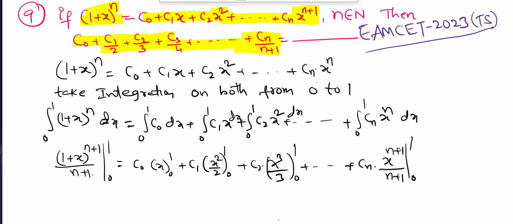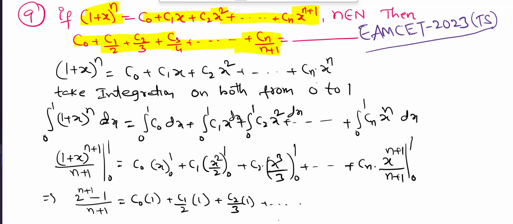So substituting upper and lower bounds, that is put x is equal to 1 in this equation, 2 to the power of n plus 1, substituting 0, 0 to the power n plus 1 is 0, so 1 by n plus 1 into that is equal to c0 into 1 minus 0 is 1, plus c1 by 2 into x square, that is 1 minus 0 is 1, plus c2 by 3 into 1 minus 0, this is also 1, plus up to cn into x to the power of n plus 1, that is 1 power n plus 1, this is 1 by n plus 1 minus 0.